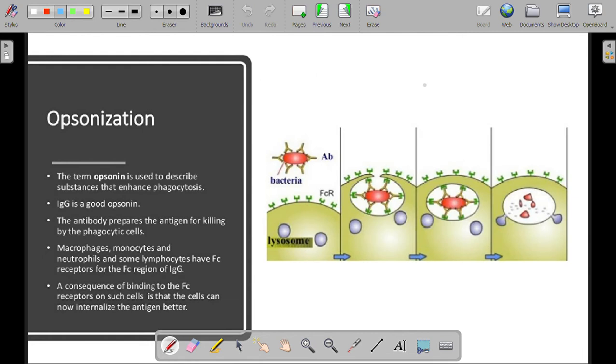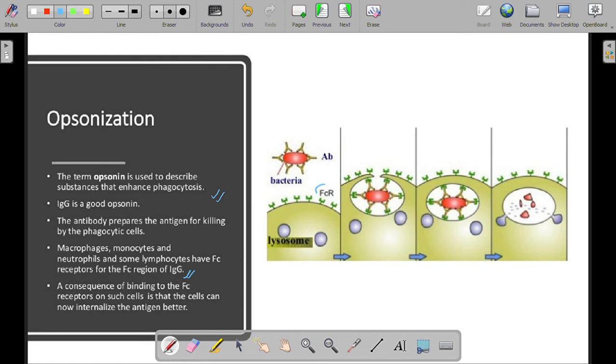The term opsonin is used to describe substances that enhance phagocytosis. It can be an antibody, like IgG is a good opsonin. The antibody prepares the antigen for killing by the phagocytic cell. Macrophages, monocytes, neutrophils and some lymphocytes have Fc receptors for the Fc region of IgG.